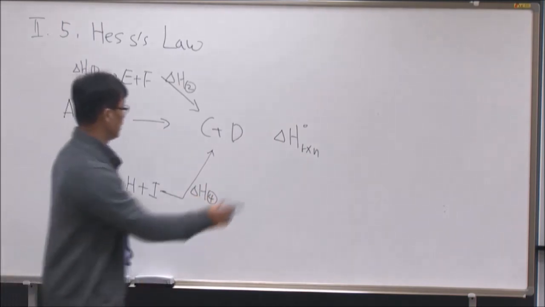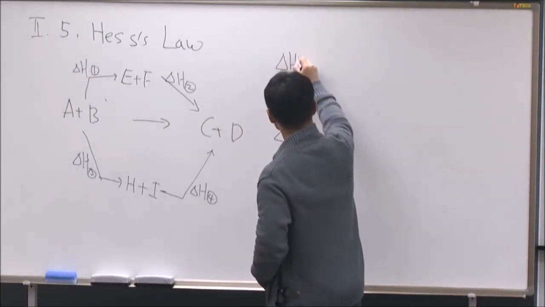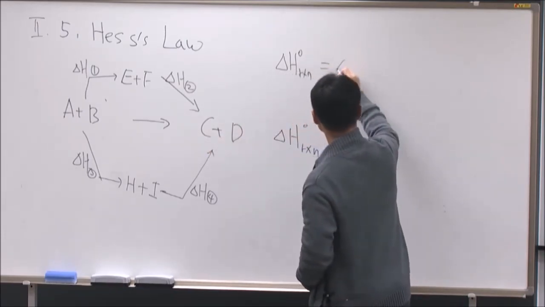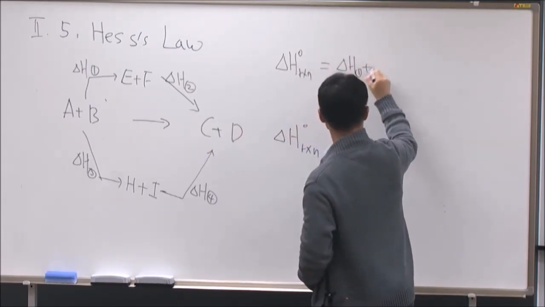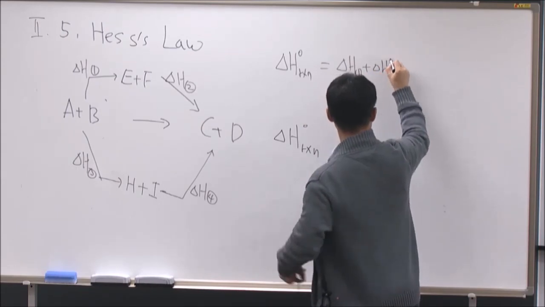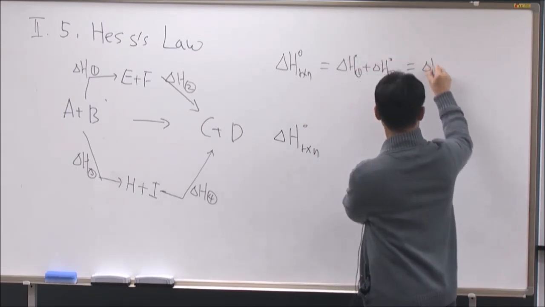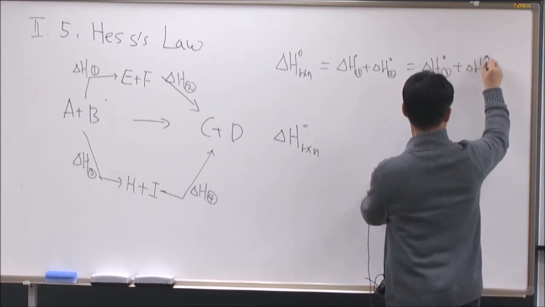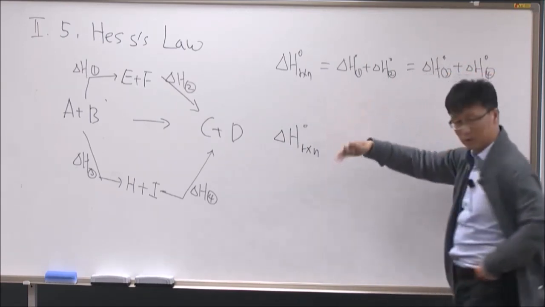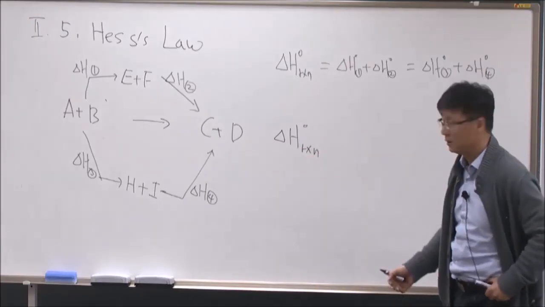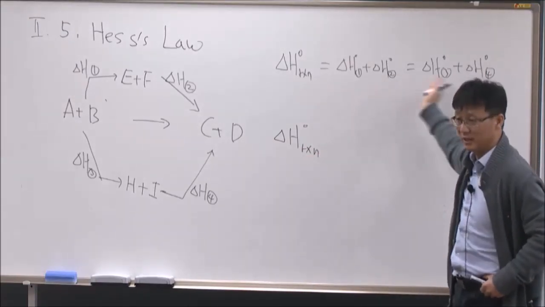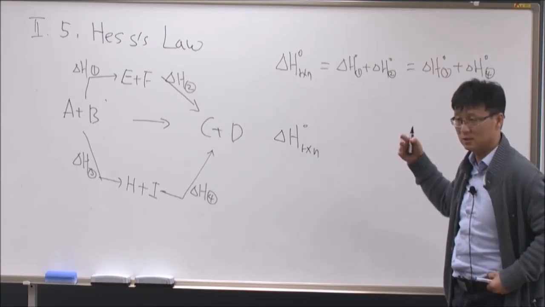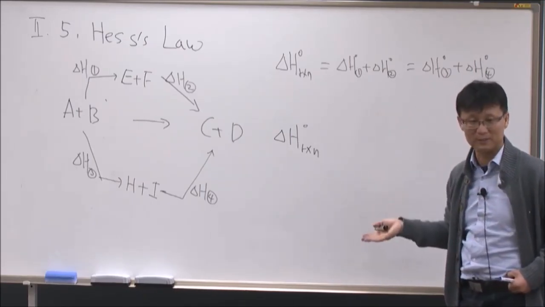Whatever you do, delta H of this reaction is equal to the same as delta H1 plus the sub-steps. Whatever sub-steps you take, in the end the total enthalpy change is the same regardless of your path.